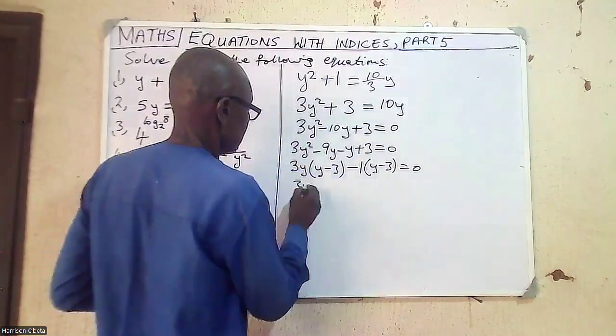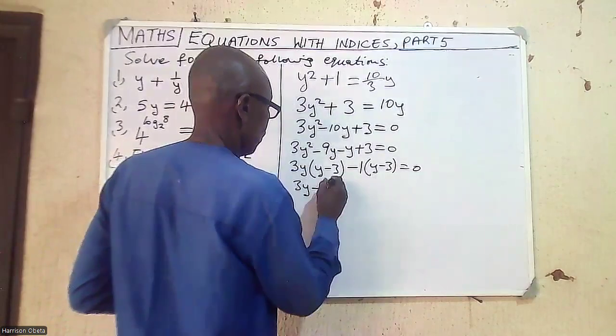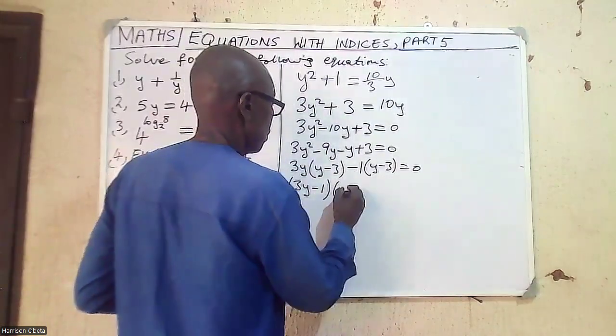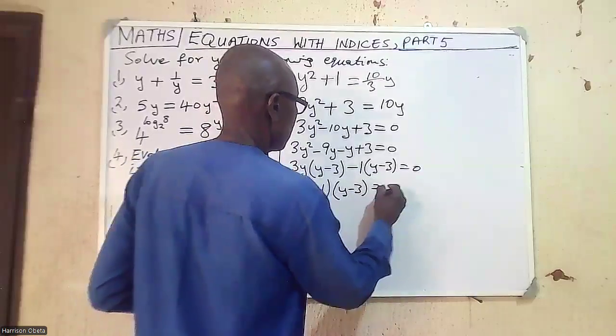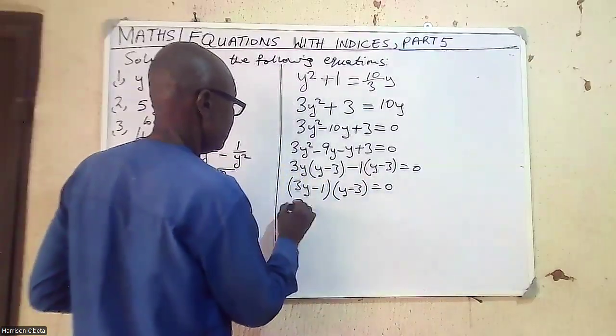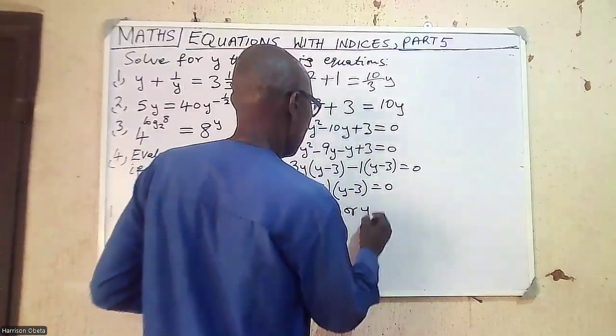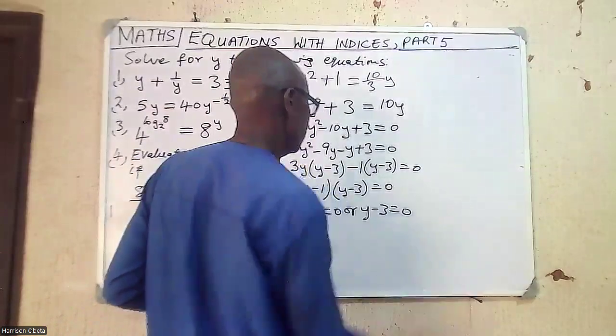So that 3y minus 1, that is this and this, into y minus 3 equal to 0. And that means 3y minus 1 is 0, or y minus 3 equal to 0.